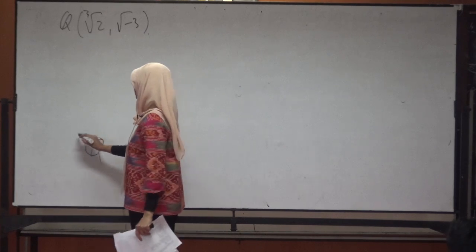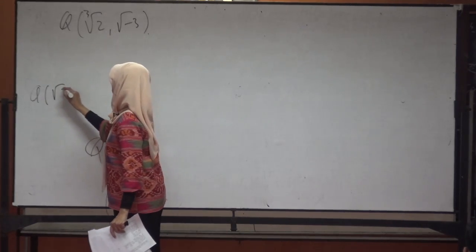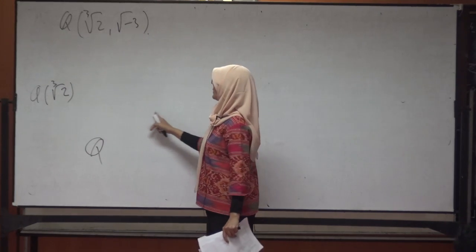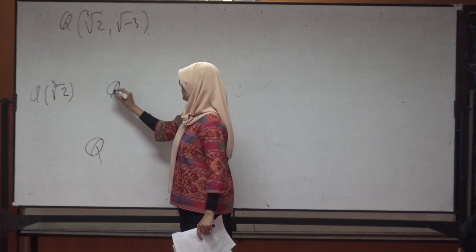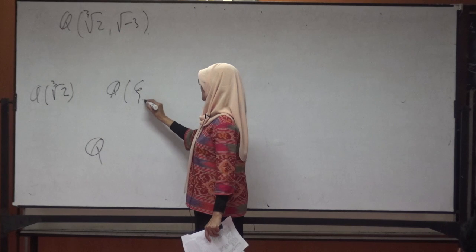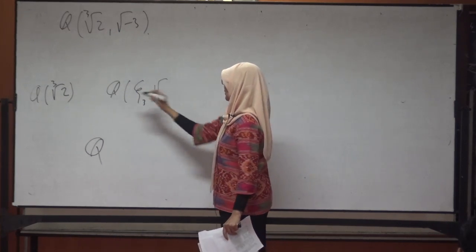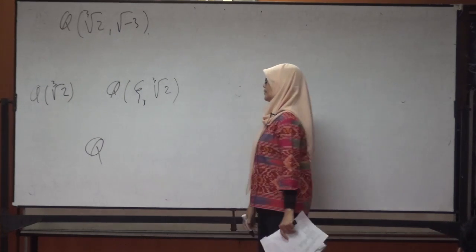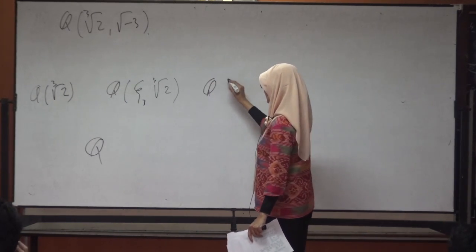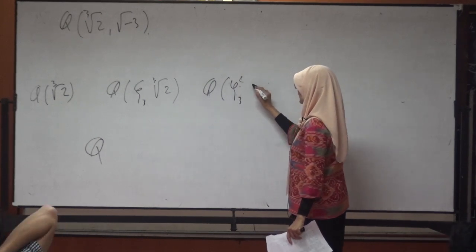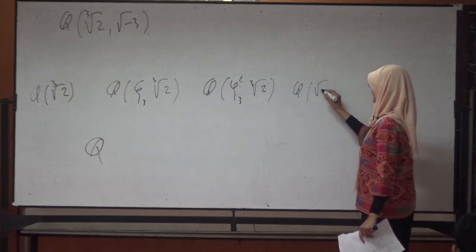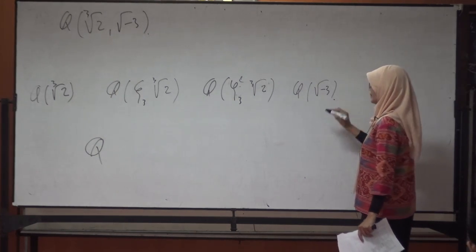We have extension fields of this Q, and if you still remember, we also have Q(zeta 3), Q(third root of 2), and also Q(square root of minus 3).